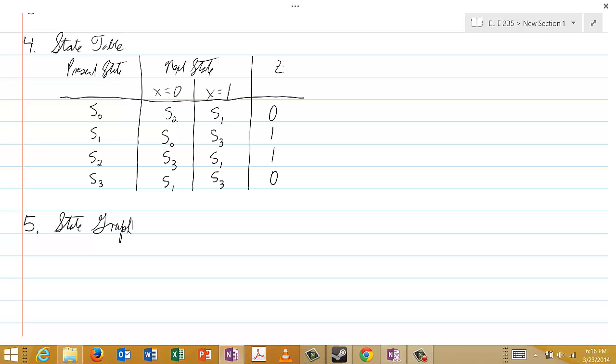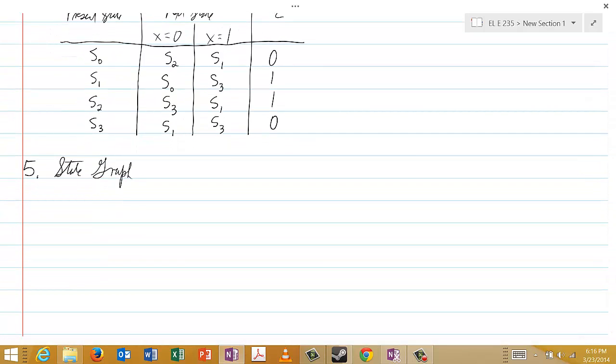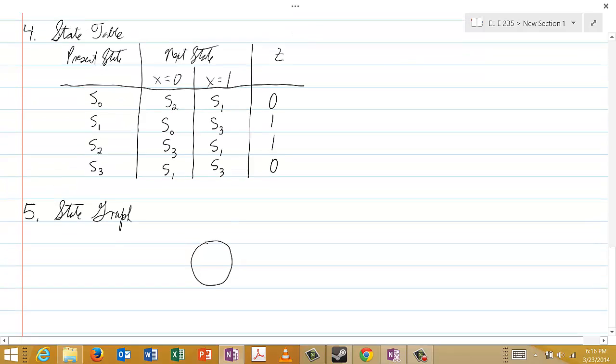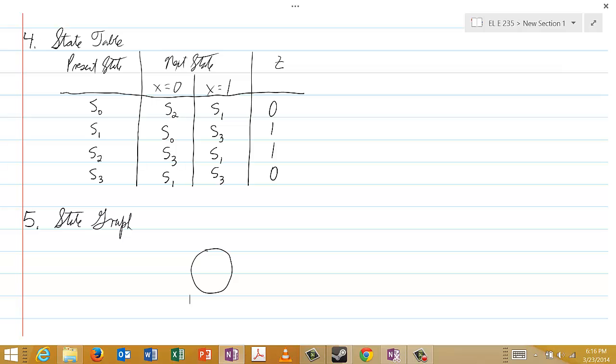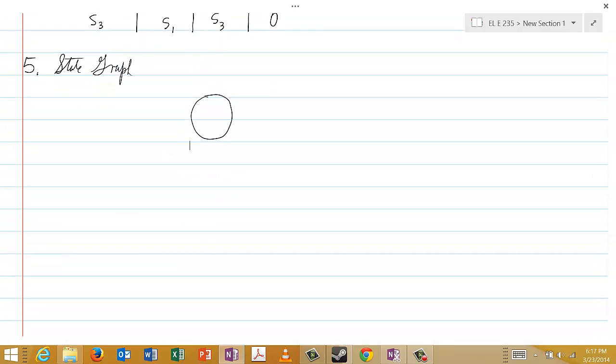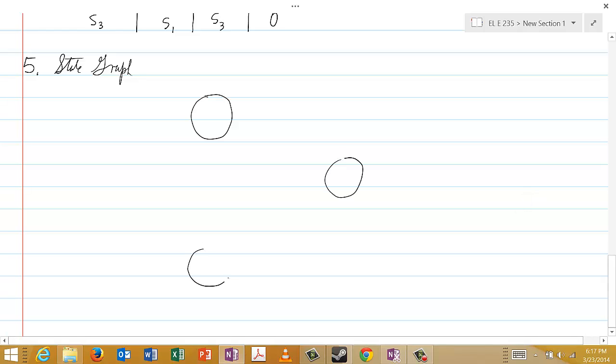And different people will draw this in different ways, but I'll show you one of these. So let's use circles to designate the different states. Now altogether we have 4 states, S0, S1, S2, and S3. So I'll represent these as 4 circles arranged like this.